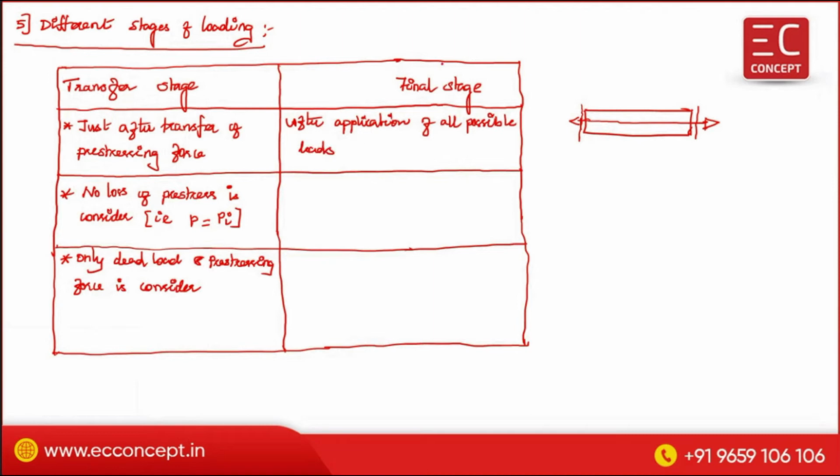So the final stage is after application of all possible loads. Once you apply all possible loads, then what is the thing? There is a loss of pre-stress possible. So here all losses of pre-stress are considered.